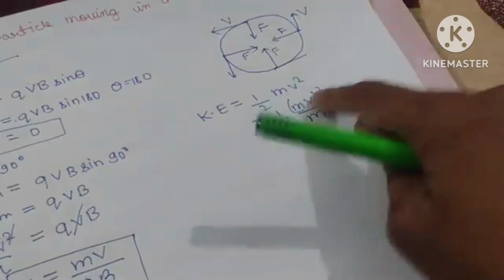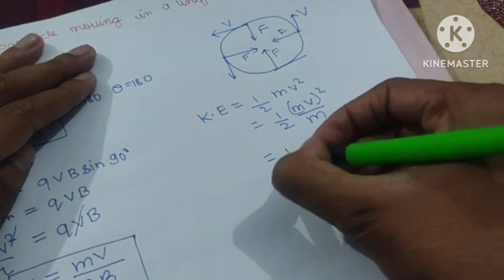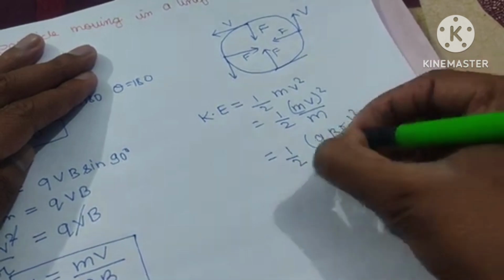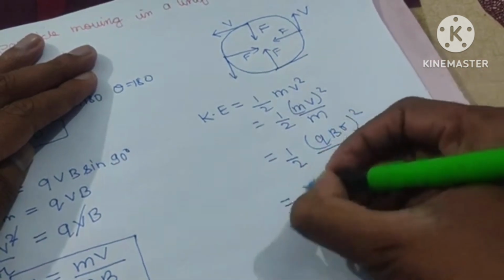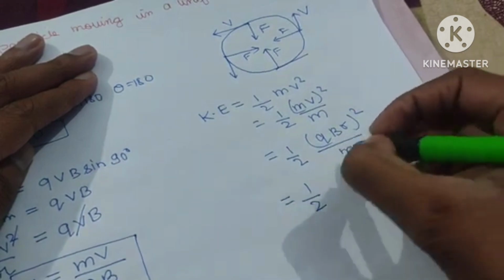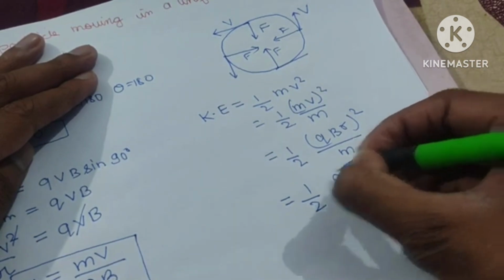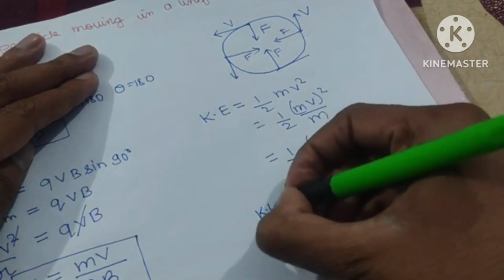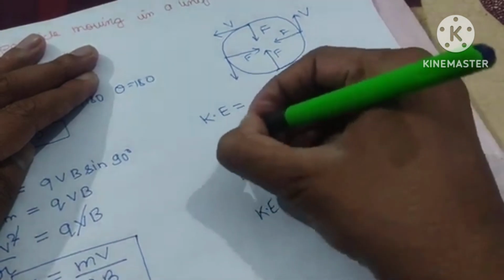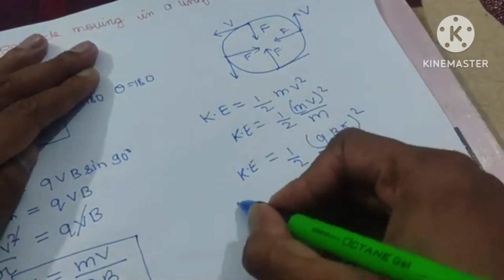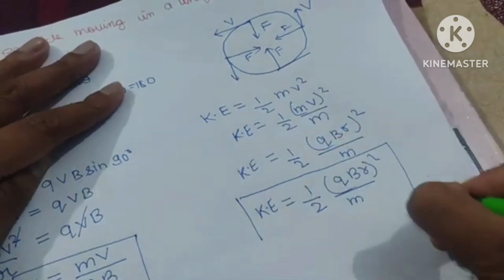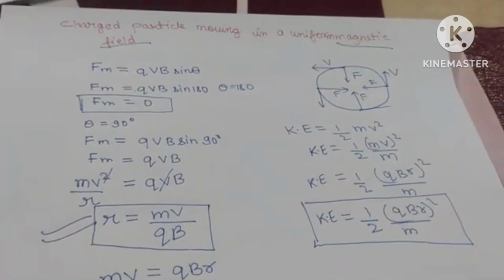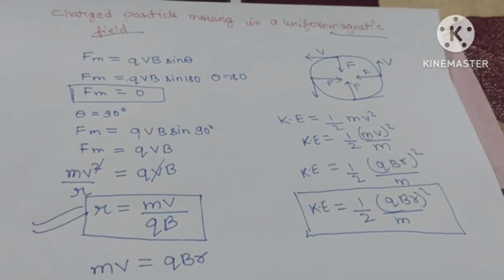We put the mv value here, so we'll have (qBr) whole squared by m. So it will become half (qBr) whole squared by m. So this is the kinetic energy. That's it, so view all of these equations.